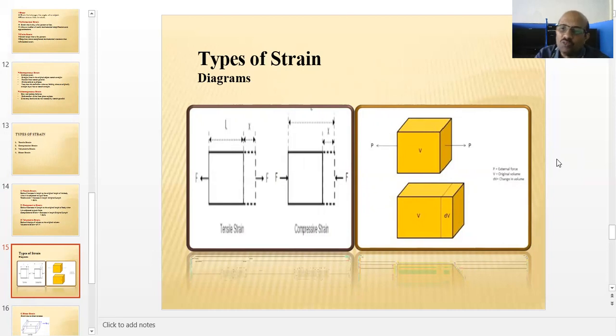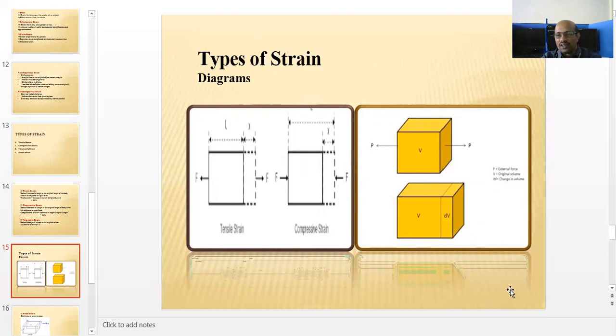See here the volume we are showing. The earlier volume is V, and the change in volume is dV. This is the original volume. After that, here also we apply tensile forces, tensile loads, so the volume changes. At the same time, length also changes.